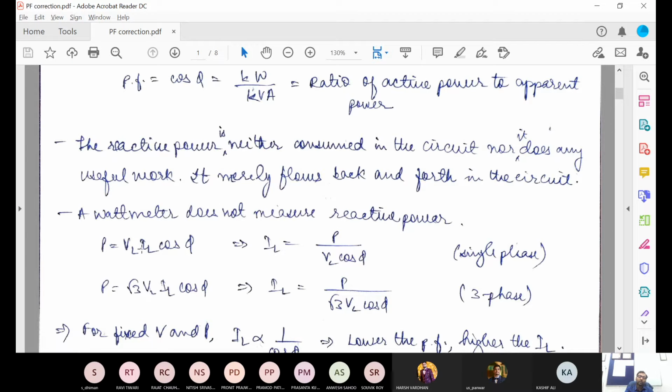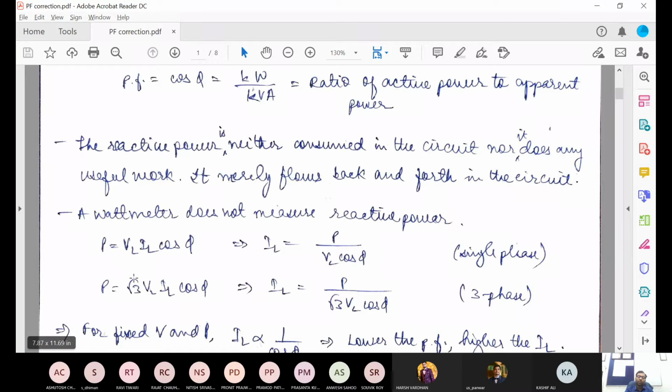So VL, IL, cos phi. VL is the line voltage, IL is the line current, and cos phi is the power factor. In a three-phase circuit, it is √3 times line voltage, line current, and cos phi. And this is true whether the circuit is connected in star or delta.